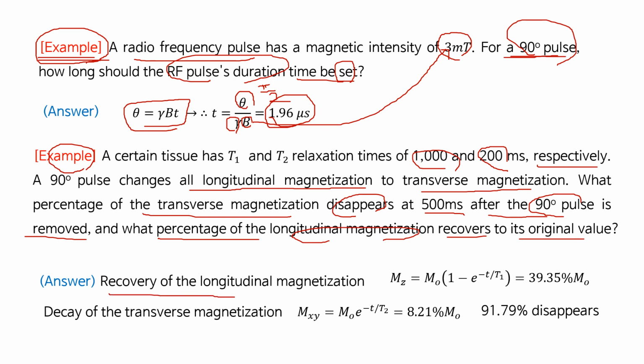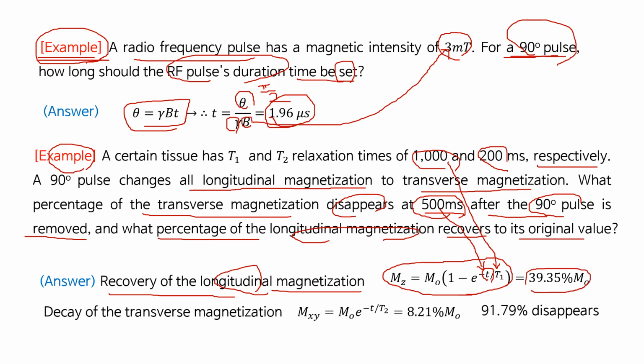The recovery of longitudinal modulation is represented by this equation. So we know T1 is 1000 milliseconds, and we are observing the recovering of modulation at 500 milliseconds, so we can have this number. So 39% of longitudinal modulation recovers.